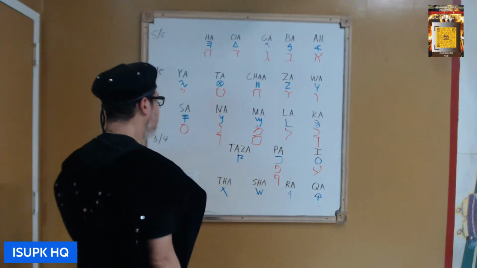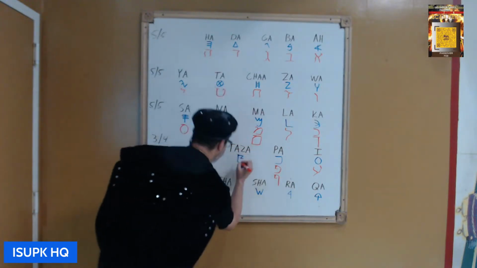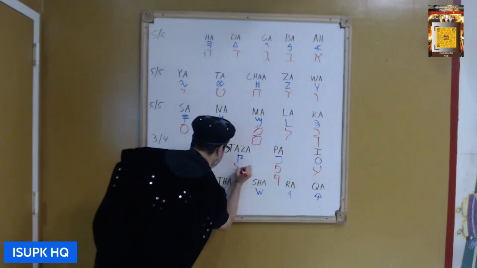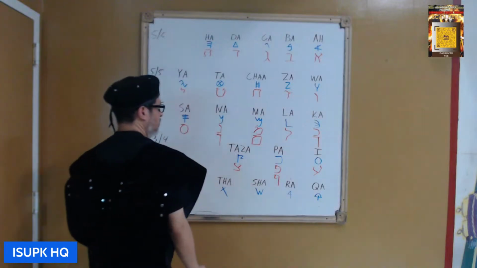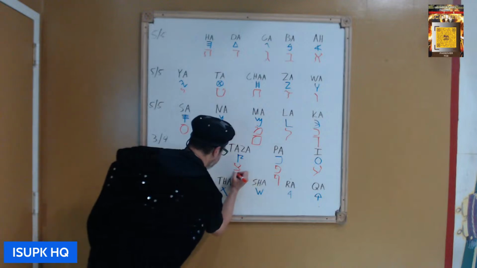And then you have the taza. It's a little bit difficult to draw. It's like that. And then there's a longer one that appears at the end of the word.